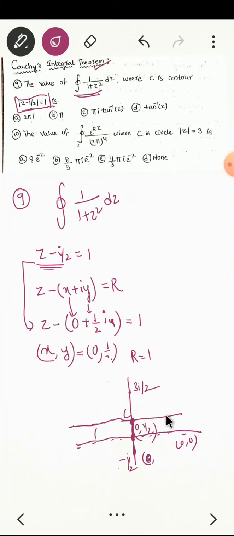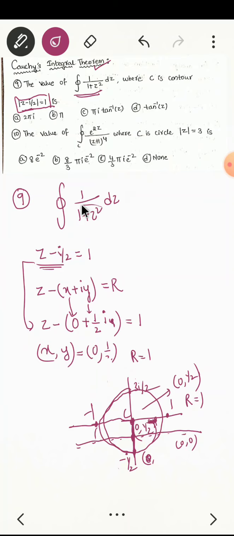On the sides it will be 1 and minus 1. Now this will be our circle with center 0 comma 1 by 2 and radius 1. If you are worried, you just add plus 1 to get the above value, and add minus 1 to get the below value.